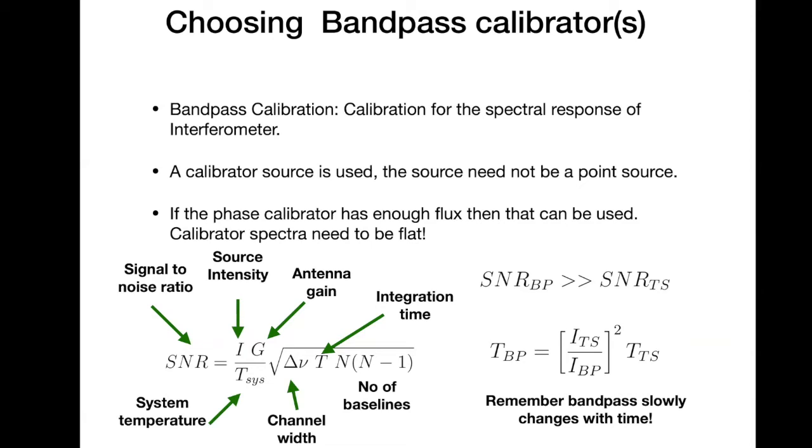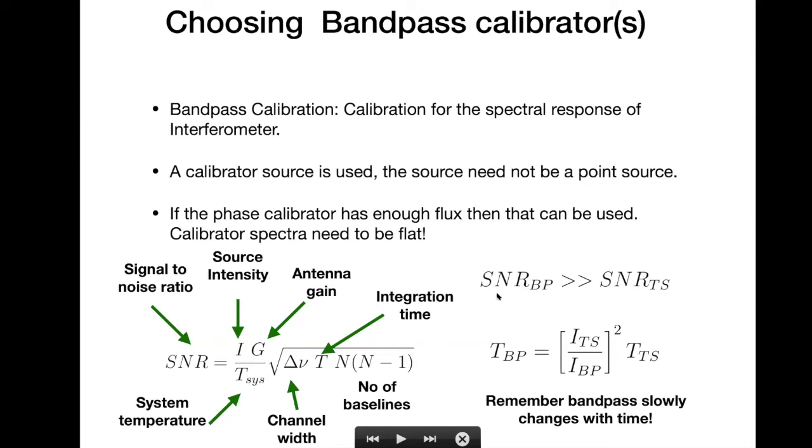Its amplitude and phase are both independent of baseline. Here also you want a calibrator whose spectral response is independent of frequency. It's almost a constant. If there is a small variation across frequency, that's all right, but you cannot have a very large variation. But you're not calibrating the visibility time dependence with this, so it need not be a point source essentially.